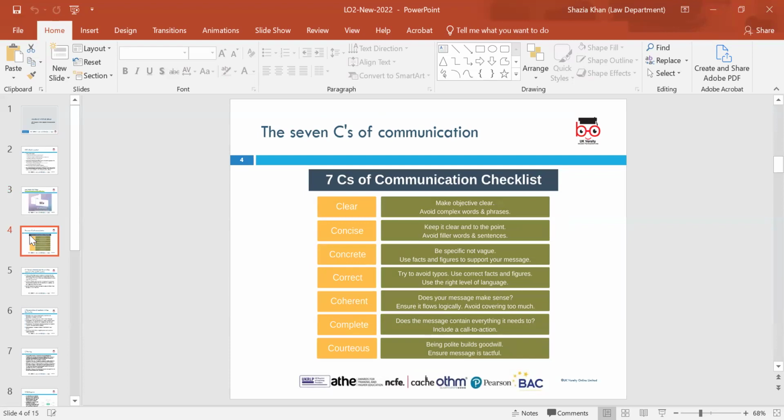Concise, keep it clear and to the point. Concrete, be specific, not vague. Correct, to avoid any typo errors. Coherent, does the message make sense and flow? Complete, does the message contain everything it needs? And courteous, being polite. So these are really important when we're looking at the learning outcomes.